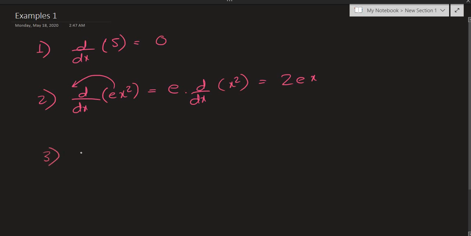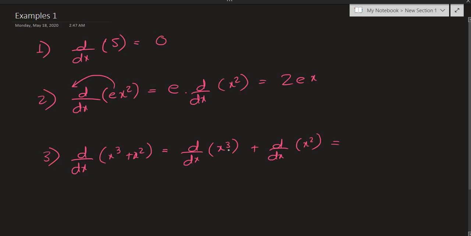Okay, let's go ahead now. We have now the derivative of x cubed plus x squared. And as I said, by property number 3, if you have a sum of functions, you can split it into a sum of two different derivatives. So here we'll have the derivative of x cubed plus the derivative of x squared.